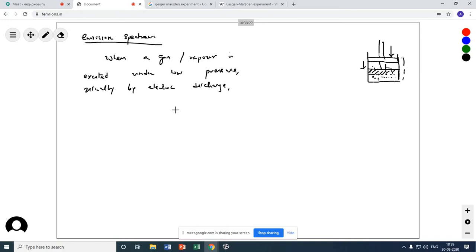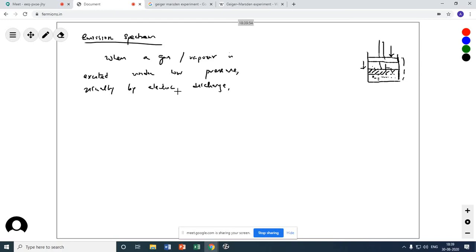which contains only certain specific wavelengths.